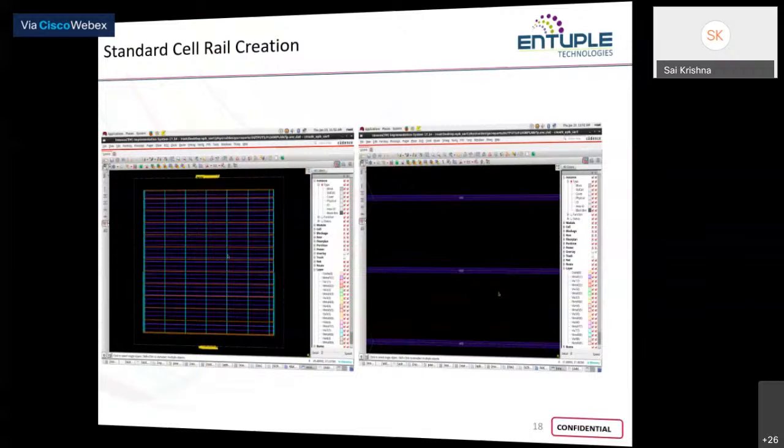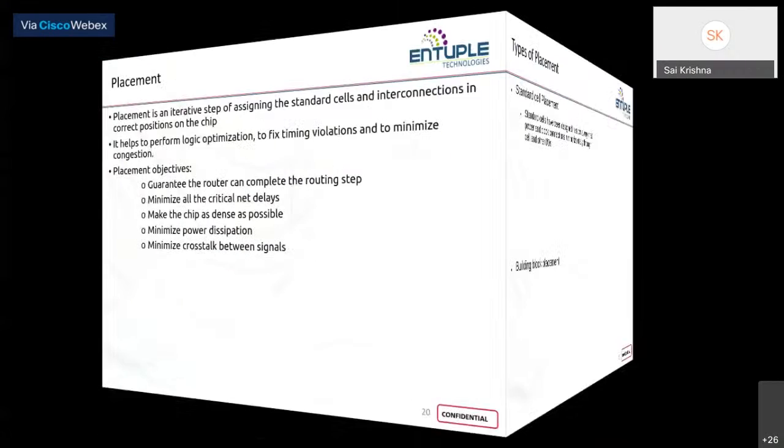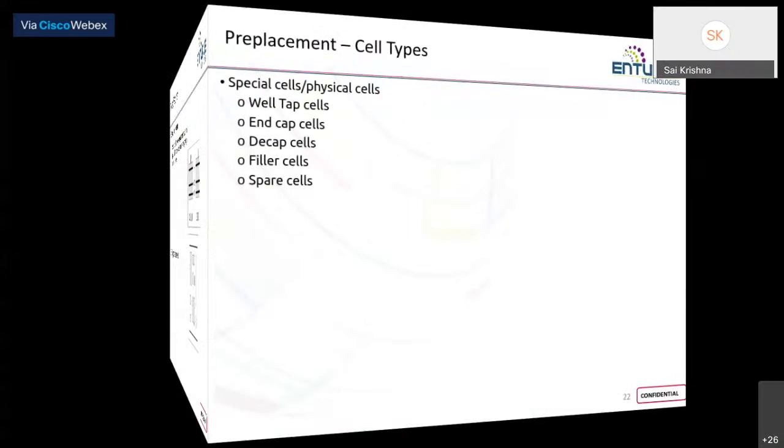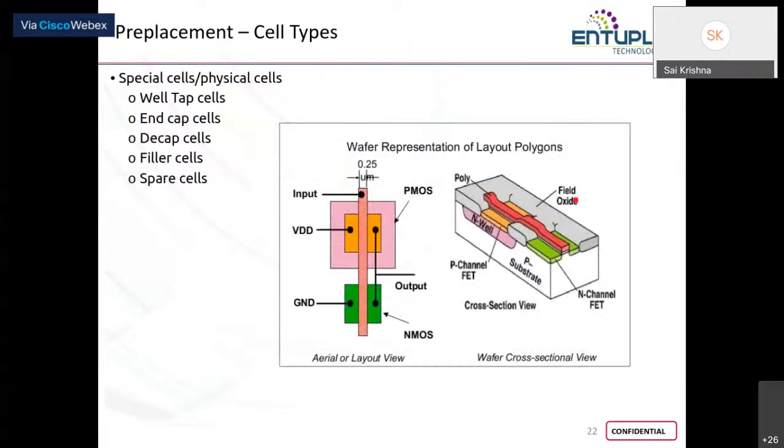These dummy cells are actually indications for your EDA tool to understand that this is the end. These cells are the end, and any standard cell that is to be placed must be between these two cells.